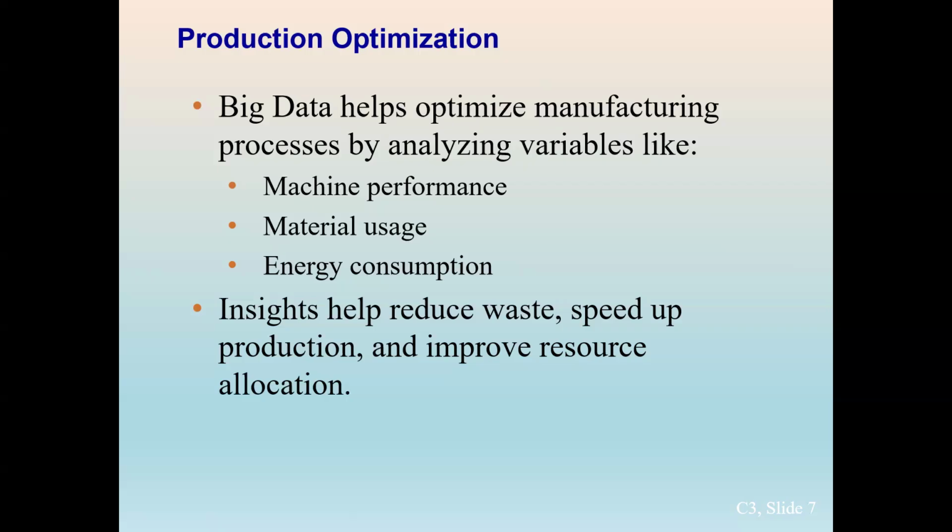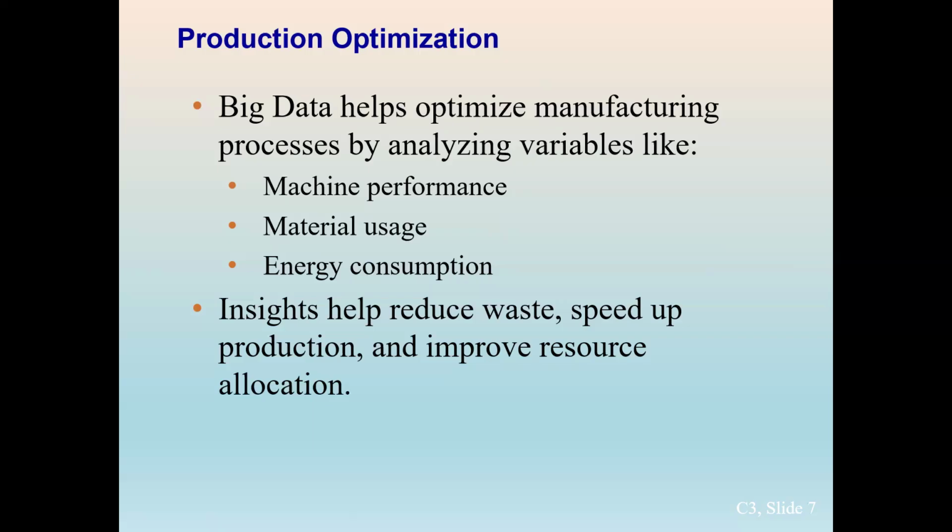So resource allocation and scheduling are also key. These two things can lead to optimization of production. Big data can optimize the allocation of resources. Examples of resources in this case can be labor, material, or energy, based on predicted demand, and also machine availability and process requirements.